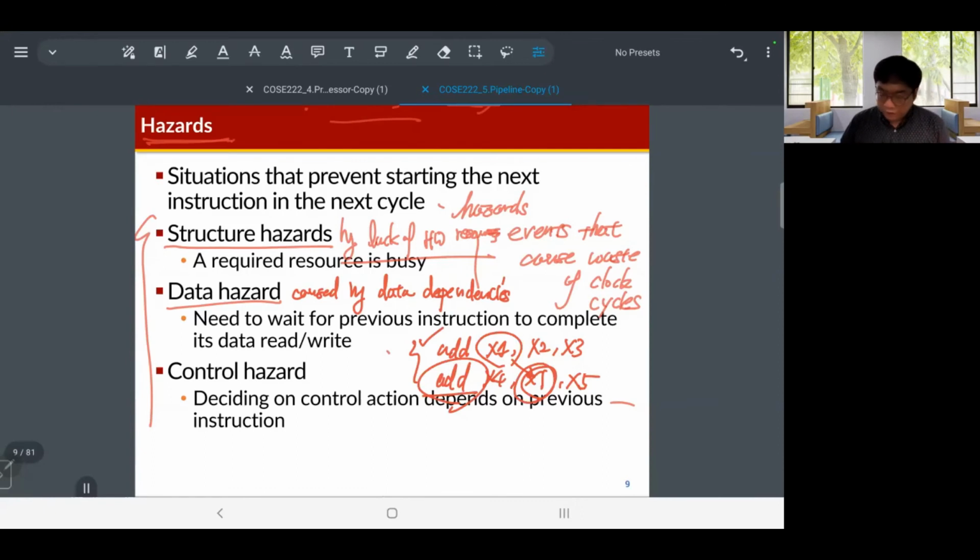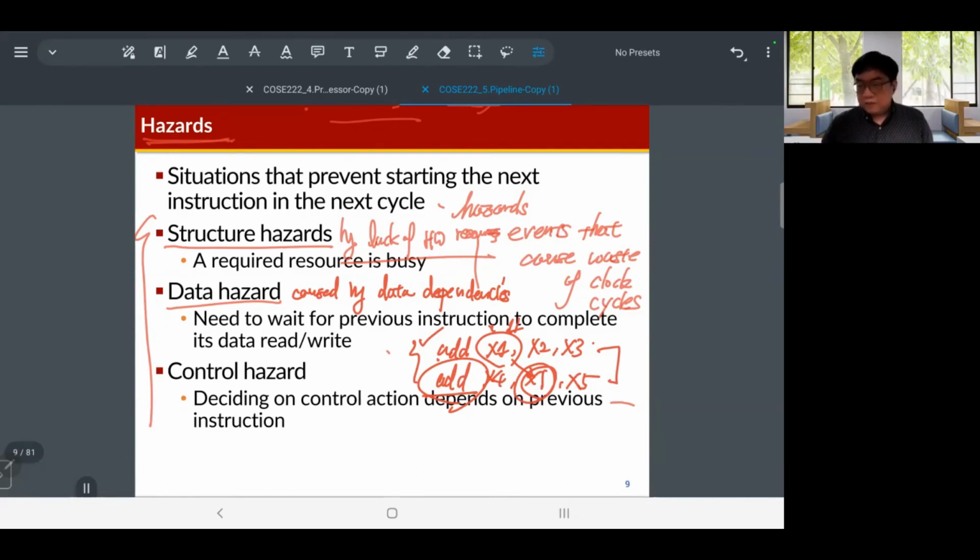What does that mean? If this result is not completed, so it is not found in the processor, then the second add instruction cannot use the result from the former instruction. This is called data dependency, because the next instruction requires the result from the former instruction, or the execution of the next instruction is influenced by the timing of the former instruction.